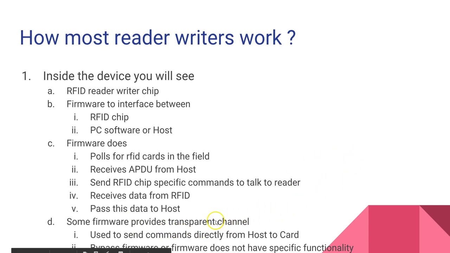So if the reader writer does not support the transparent channel, then you cannot use the features of the tags. So you have to look for a different reader writer, or probably wait for the manufacturer to provide the firmware upgrade. So this transparent channel, as I mentioned here, is a way to bypass the firmware and send the commands directly to the card.